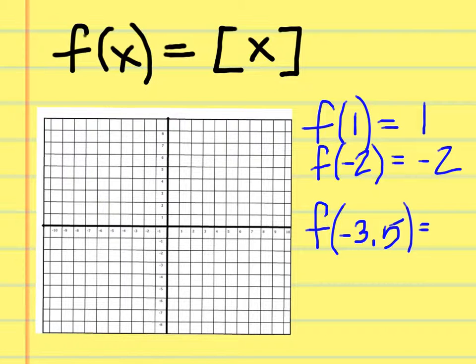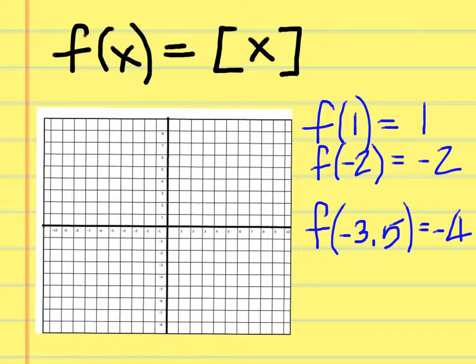The greatest integer that is less than or equal to -3.5. Is -3 less than -3.5? No. -4, right. So it would come back to be -4.